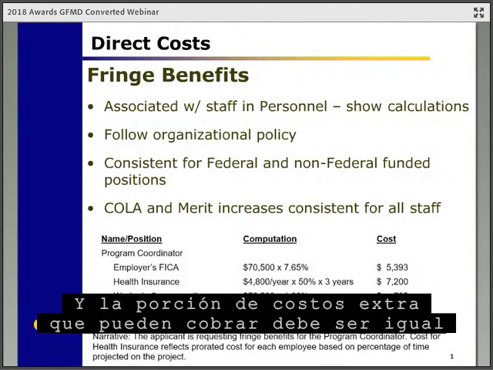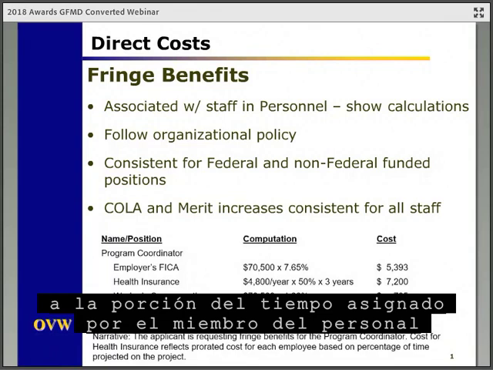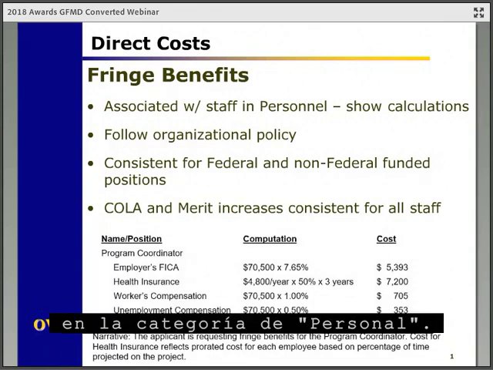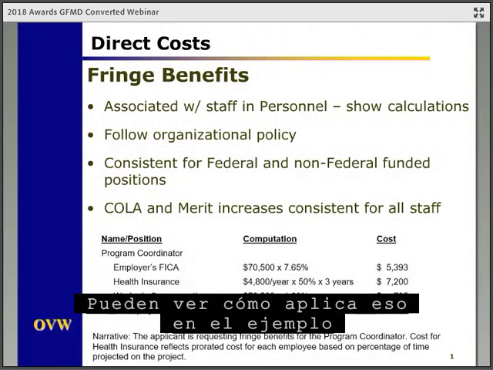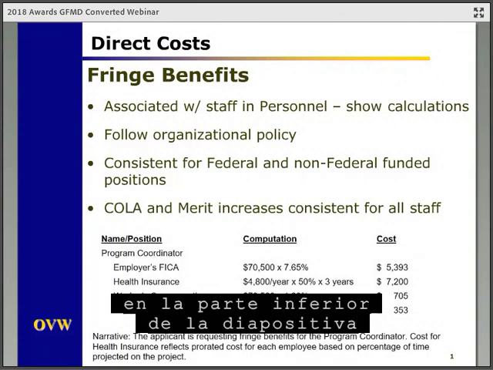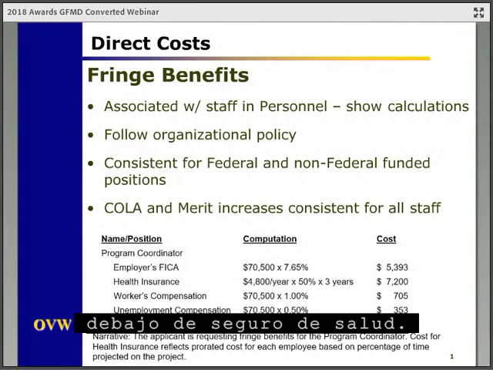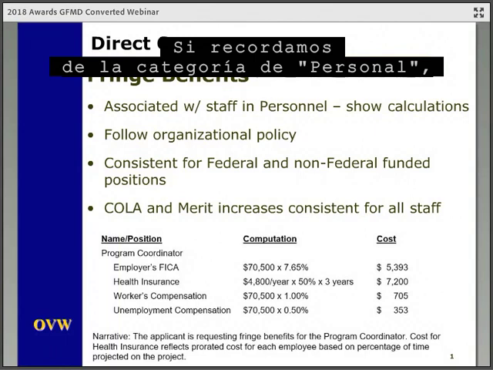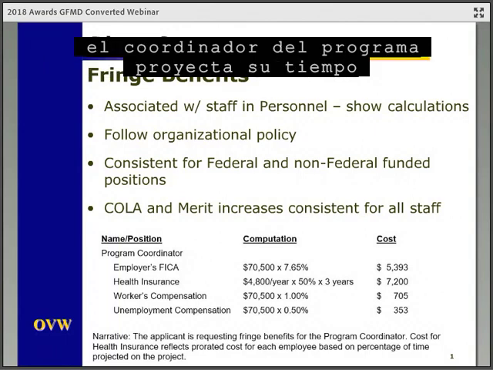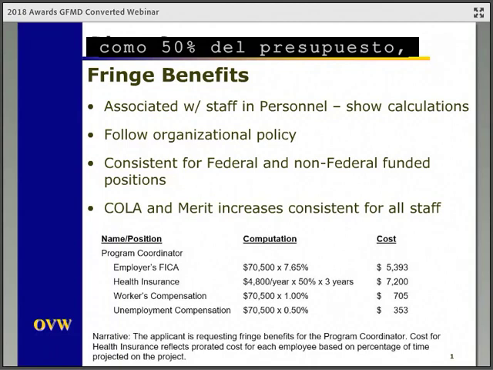And the portion of fringe that you charge should be equal to the portion of time allocated by that staff member in the personnel category. You can see how that applies in the example at the bottom of the slide under health insurance. The program coordinator, if we remember from personnel, projects their time at 50% in the budget.